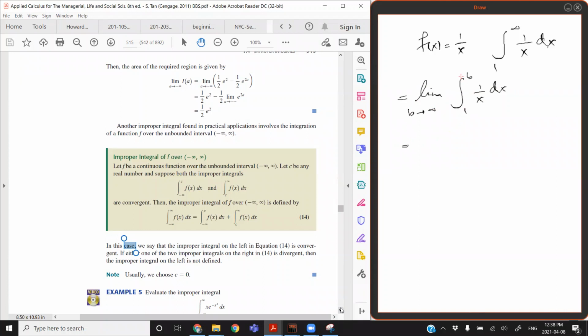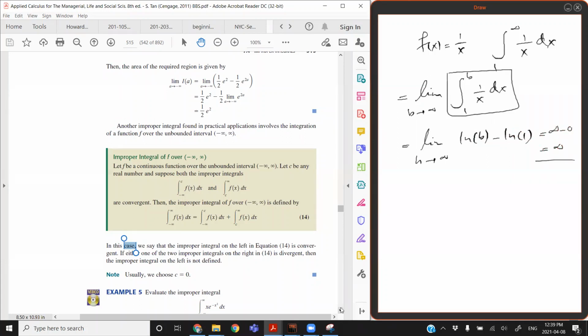And what we got for this one was ln of b minus ln of 1. So this is going to be the limit of ln of b minus ln of 1 as b approaches infinity. And we learned that ln of b as b approaches infinity is infinity, and this is just 0. So it's infinity minus 0, which is equal to infinity.